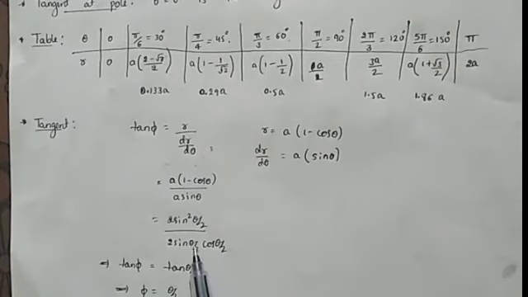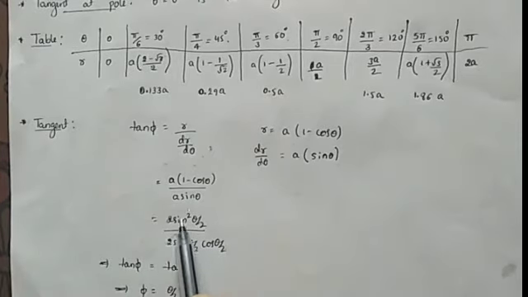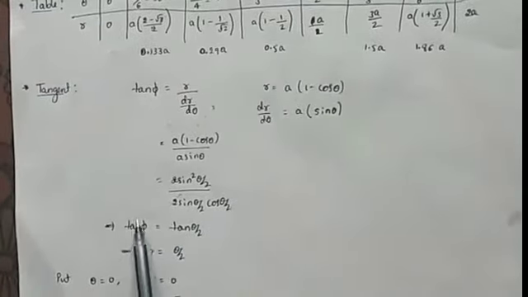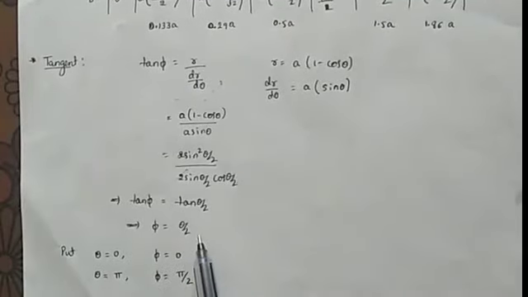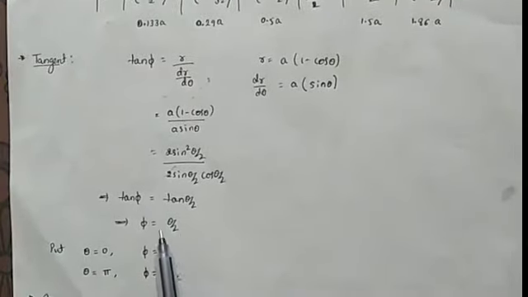Sin theta is 2 sin theta by 2 into cos theta by 2, by using half angle formulas. 2 gets cancelled, sin theta by 2 gets cancelled. You get sin theta by 2 by cos theta by 2. It is nothing but tan theta by 2. The tan gets cancelled, phi is equal to theta by 2. You put theta is equal to 0, you get the phi value is equal to 0. And you put theta is equal to pi, you get the phi value which is equal to pi by 2.